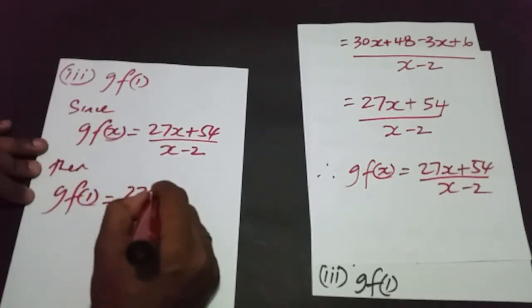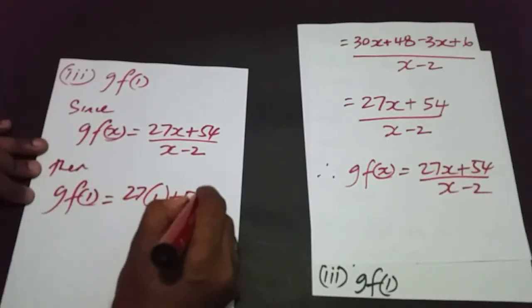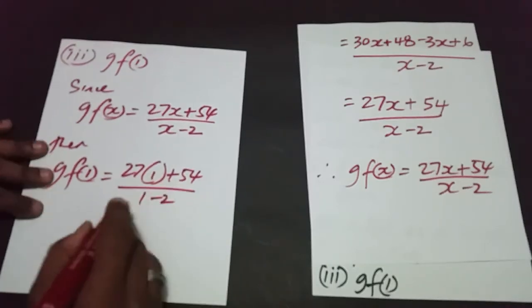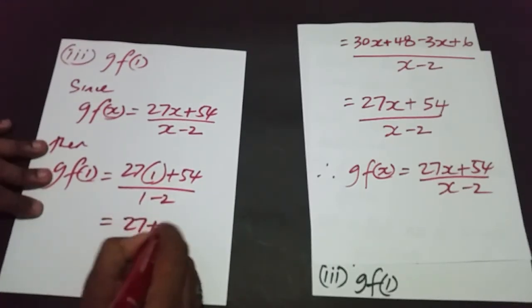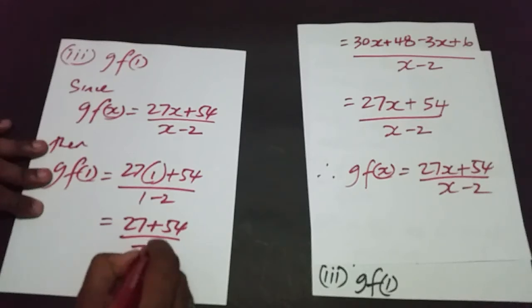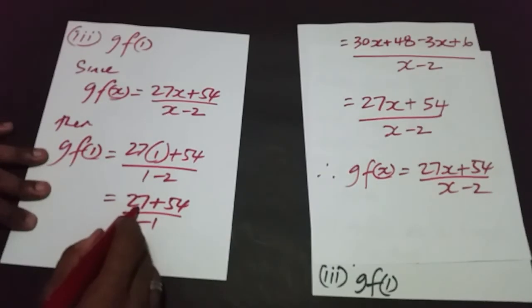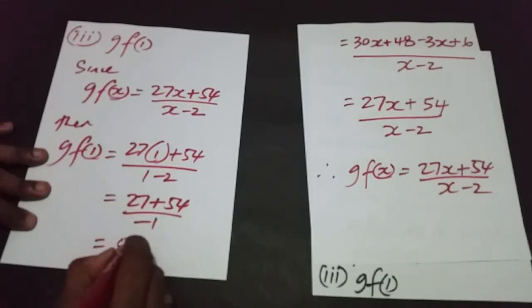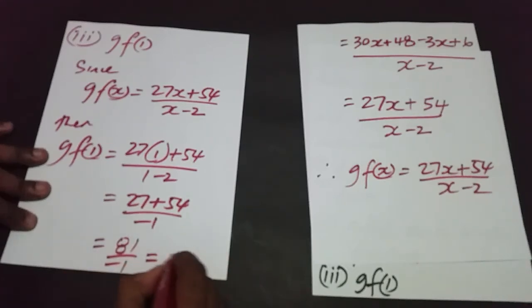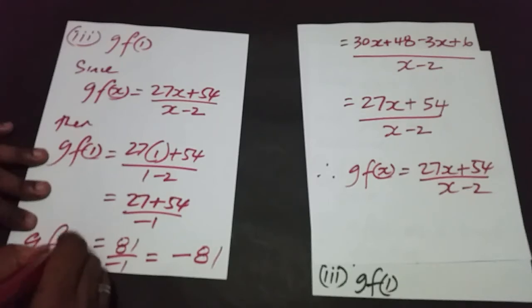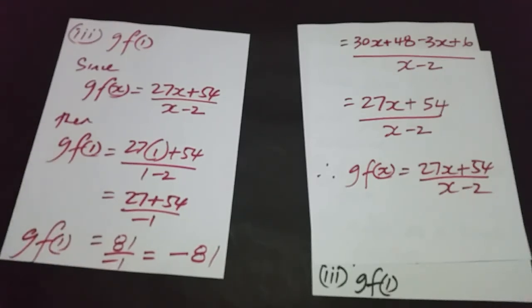So it will be 27 times 1 plus 54 over 1 minus 2. That's 27 plus 54 over negative 1. And that is equal to 27 plus 54, that is 81 over negative 1, which is simply negative 81. And that is what g of f of 1 would be equal to.